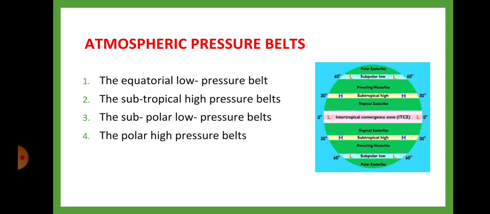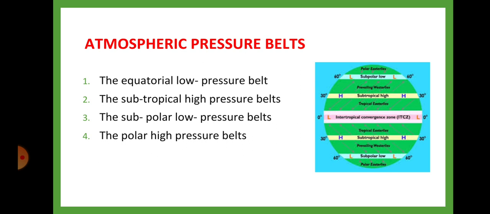As it reaches the higher layer of the atmosphere, the air spreads away from the equatorial region towards northern and southern hemisphere, where it descends. We find the pressure is higher, and this phenomenon is called subtropical high pressure belt.